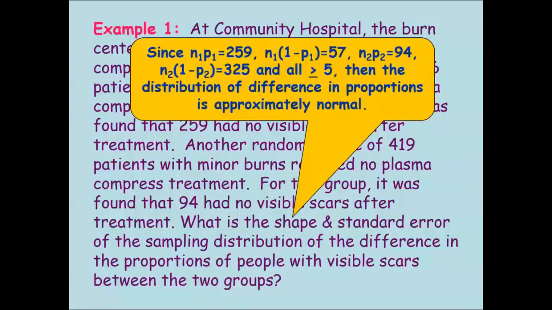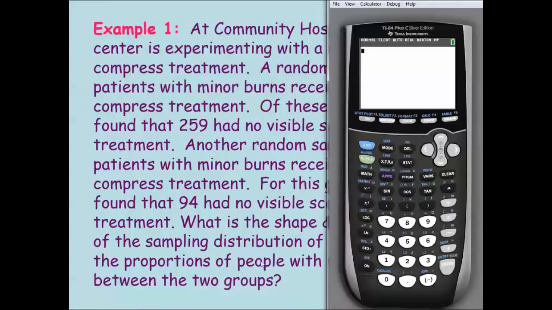The first sample size times the proportion of that first one would be 259, and then 57 for the other one, n times 1 minus p. And actually, let's talk a second for where we're getting this p. Let me get out my calculator. Okay, so let me clarify when we say probability in the first sample.